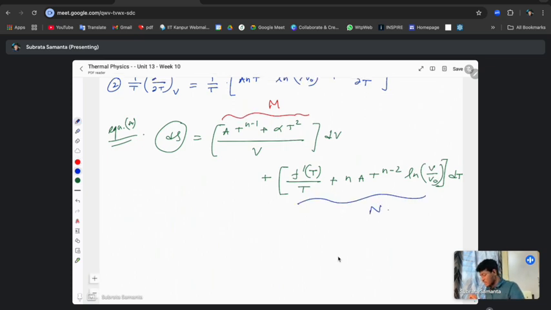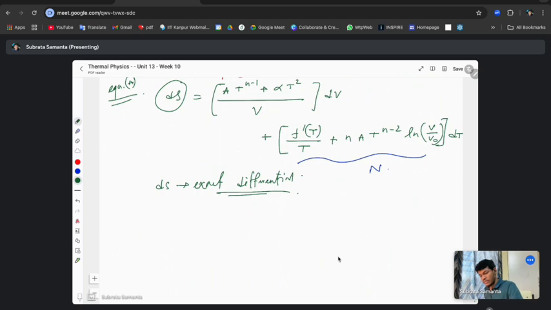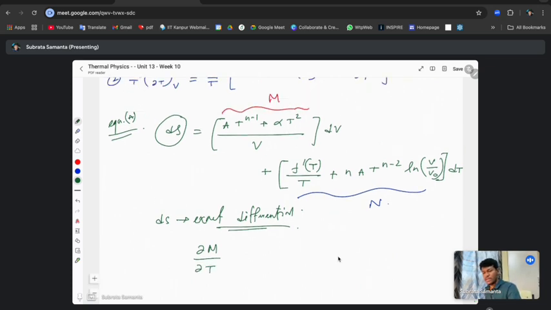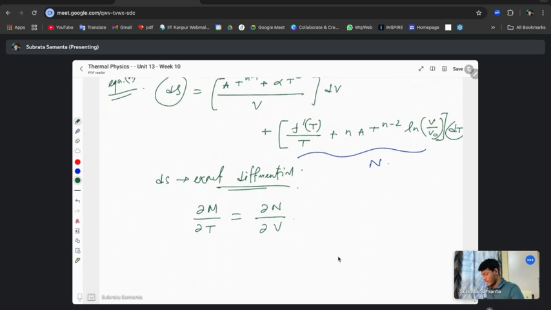Okay, since dS is an exact differential, that means ∂M/∂T, okay, so M dV and this is N dT, right? So ∂M/∂T equals ∂N/∂V, right?